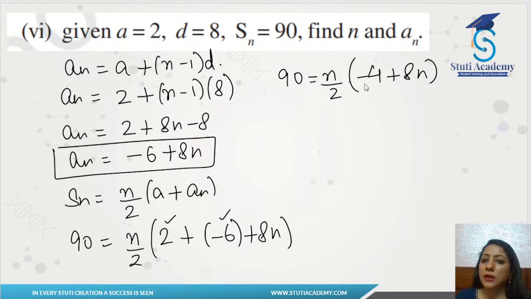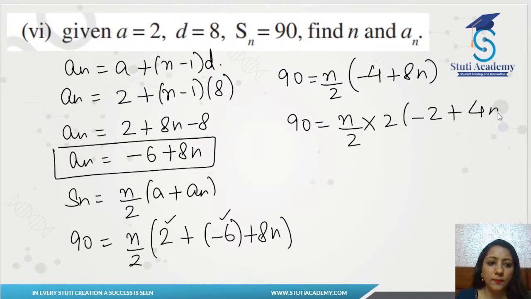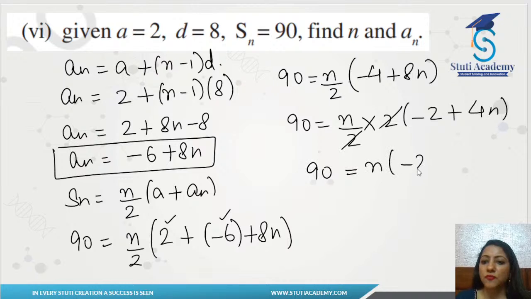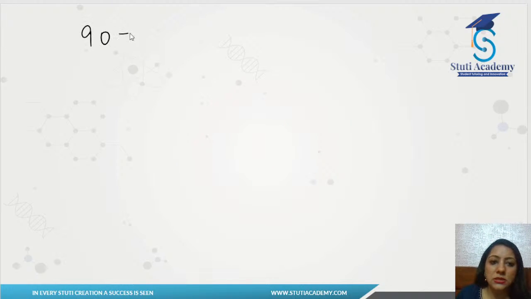Now we can take 2 common from here. So once we take 2 common from here, we are going to get minus 2 plus 4n. We can cancel out these 2's and we will be left with 90 is equal to n times minus 2 plus 4n. In the next step, we are going to take this n and multiply this inside the bracket. So we will get 90 is equal to minus 2n plus 4n square.